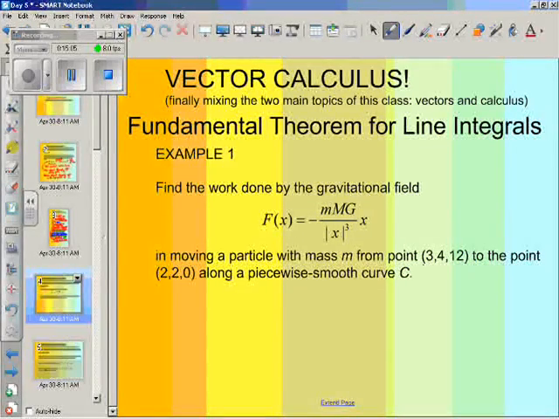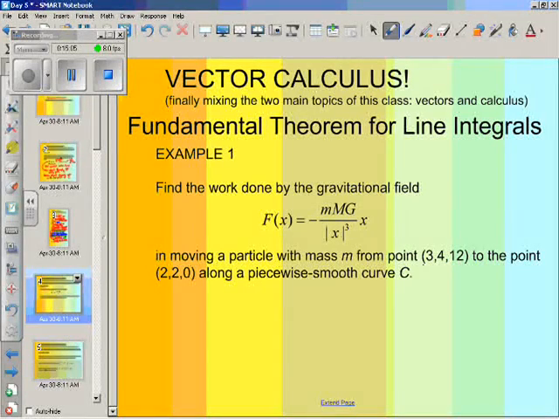Okay? And so if we know that this big F of x just equals this gradient, then to find the work, remember, work is defined as the integral over our curve of F dotted with dr. Well, we know that that force field F is just equal to the gradient of this f here, dotted with dr. And now we can just use the fundamental theorem, because we have the gradient of f dotted with dr over this curve.